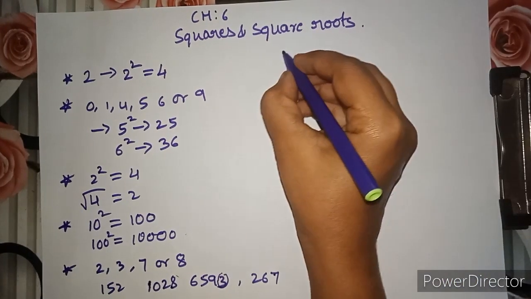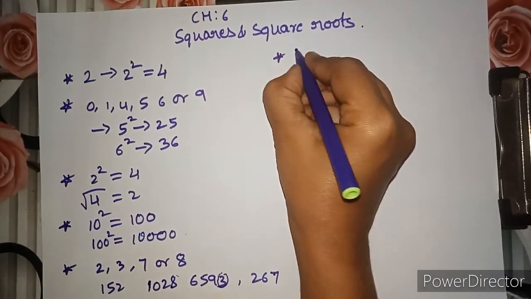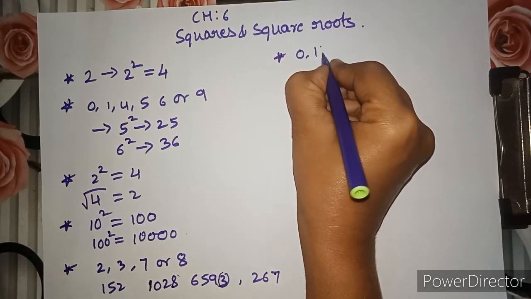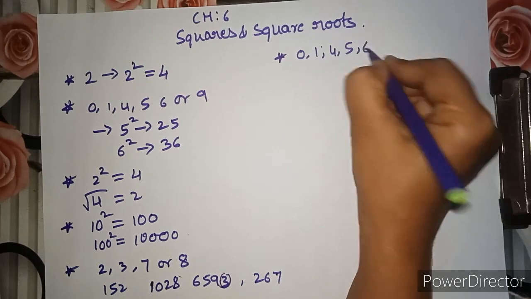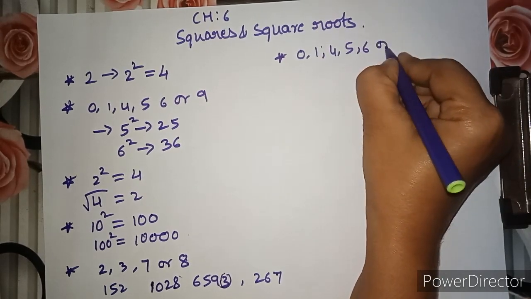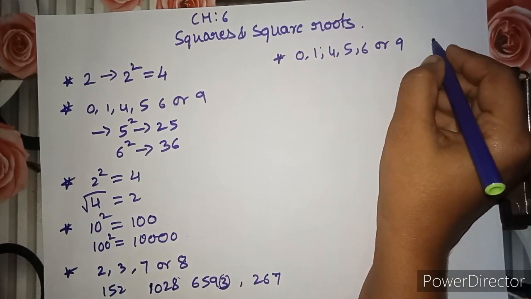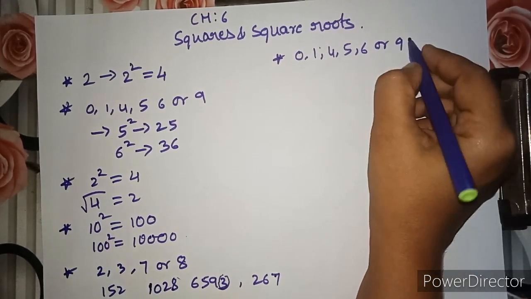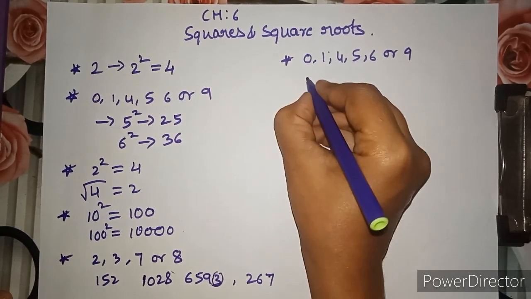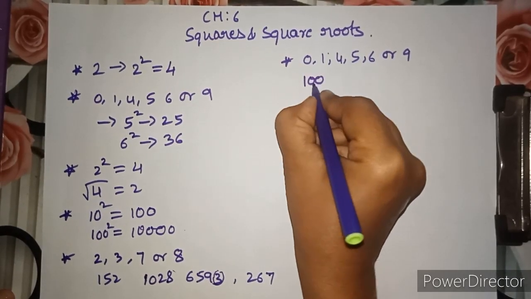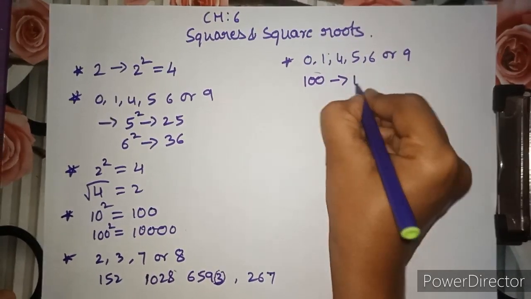Next, a number ending in 0, 1, 4, 5, 6 or 9 may not necessarily be a square number. If we have unit digit 0, for example 100, it's a square number, so the square root of this is 10.